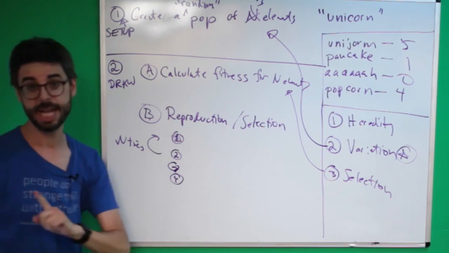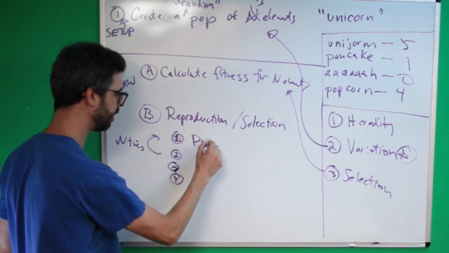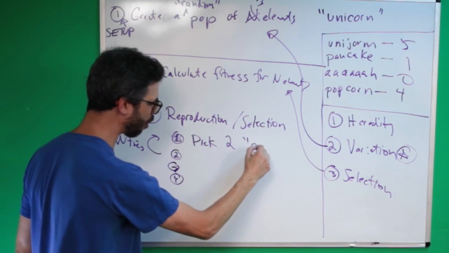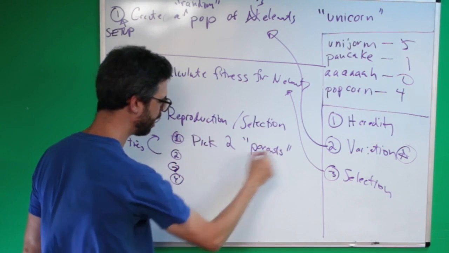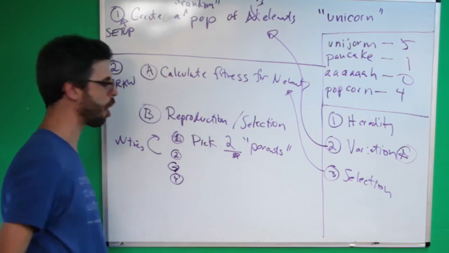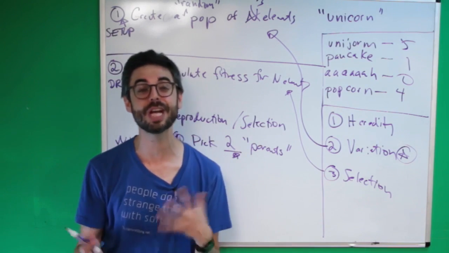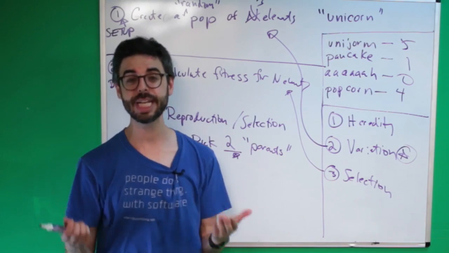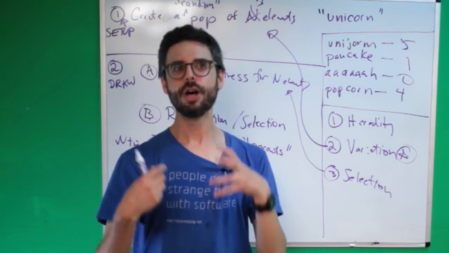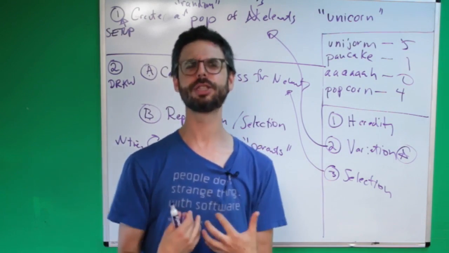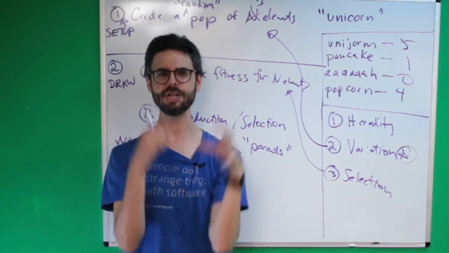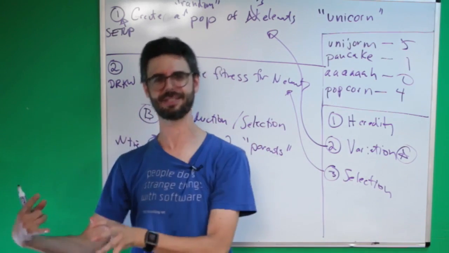The first thing that I need to do is pick 2, and for lack of a better word, I'm going to call them parents. And 2 is somewhat arbitrary. So there's a lot of parts of this genetic algorithm that you can kind of play around with. Certainly, you could say that the way that reproduction works in your genetic algorithm is a single element just makes an entire copy of itself.